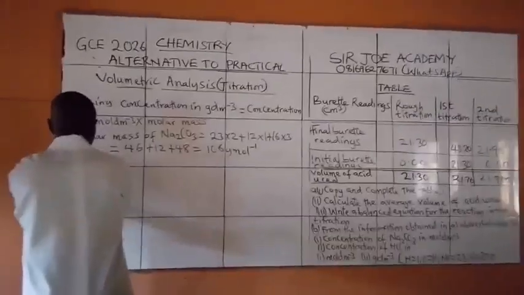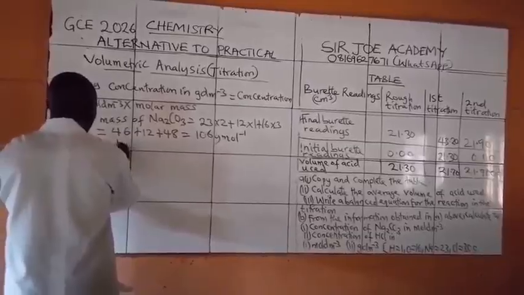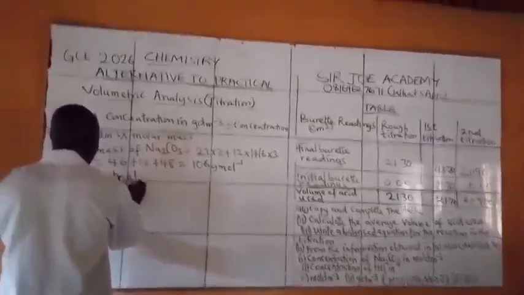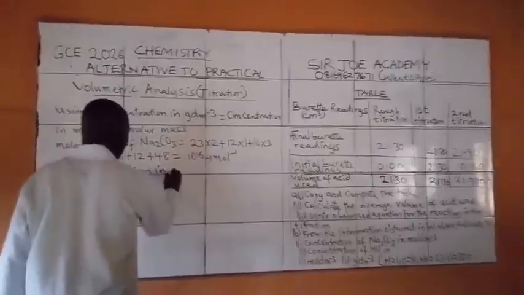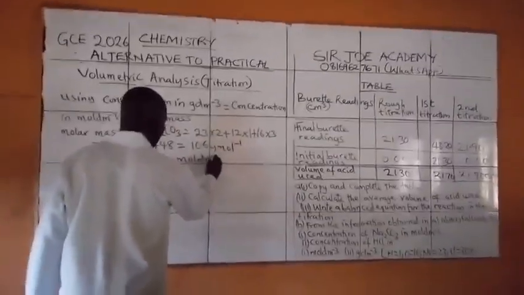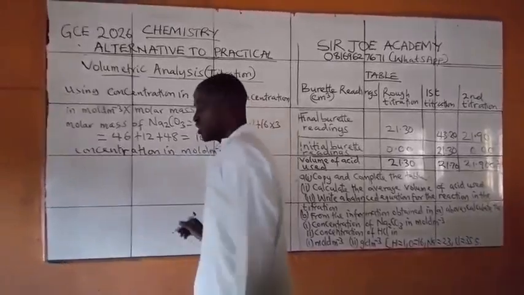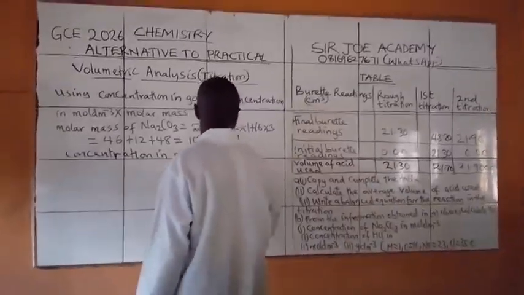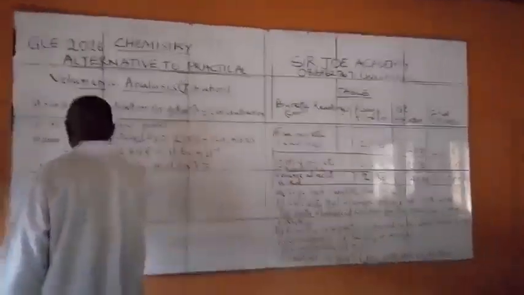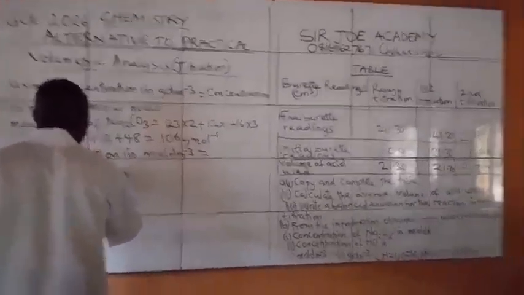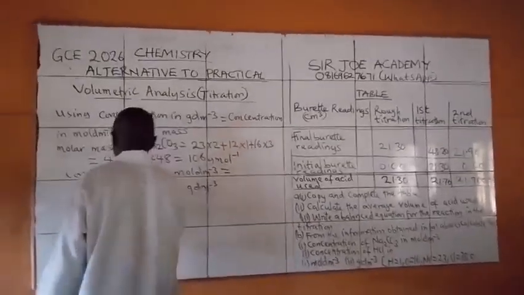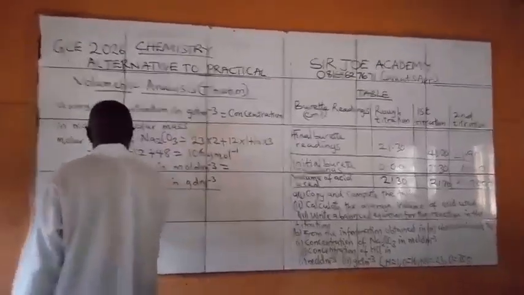So we now make concentration in mole per dm³ the subject. Concentration in mole per dm³ is equal to concentration in gram per dm³ divided by molar mass.